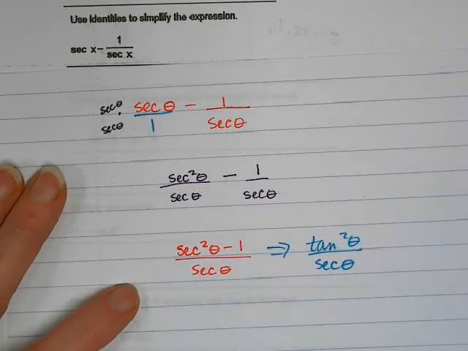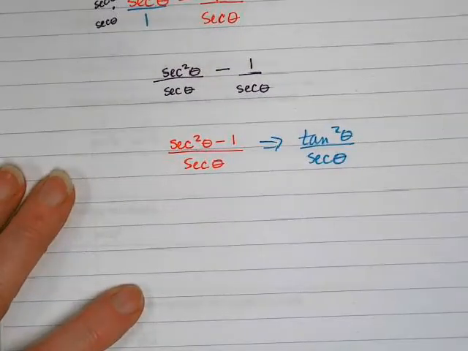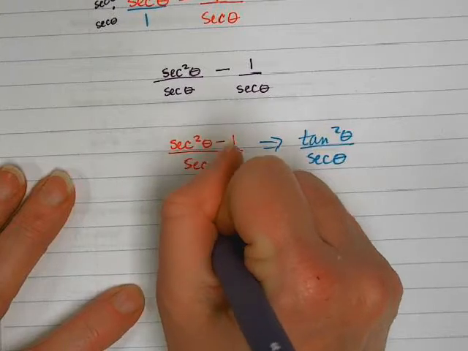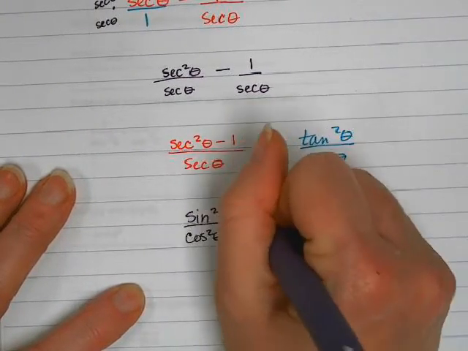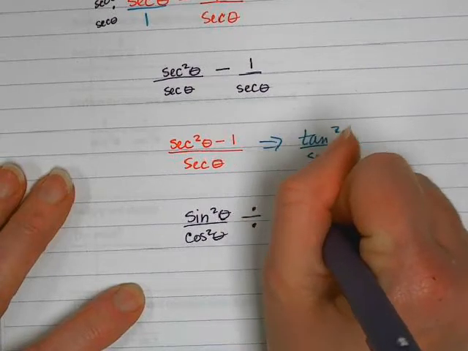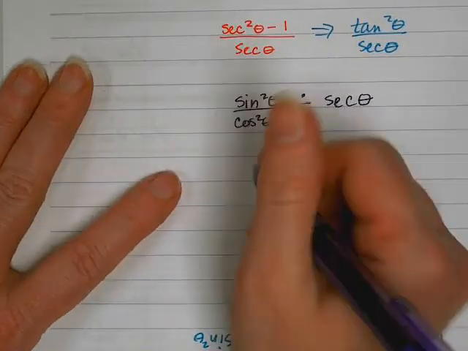And then we can do what we did just a minute ago. Tangent squared is sine over cosine, so I'm going to write sine squared theta over cosine squared theta, that's tangent, divided by secant theta, which I'm going to turn to 1 over cosine.